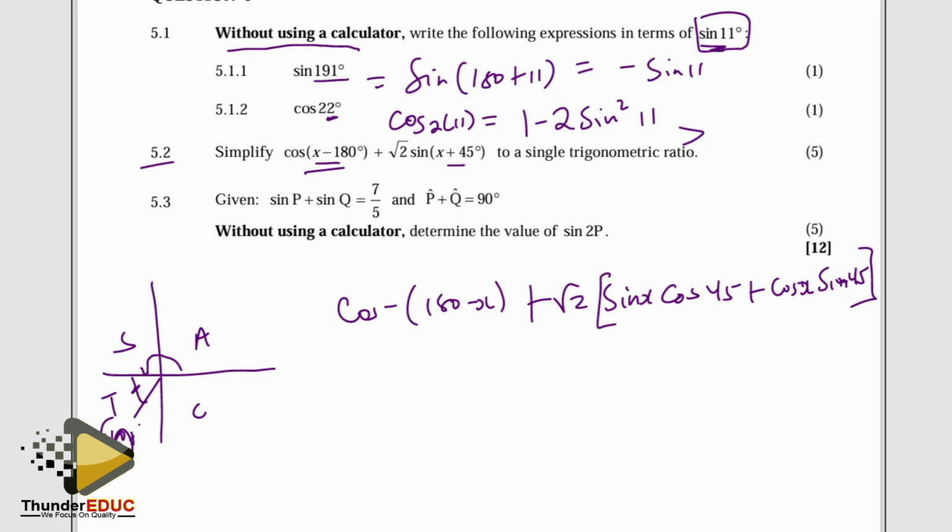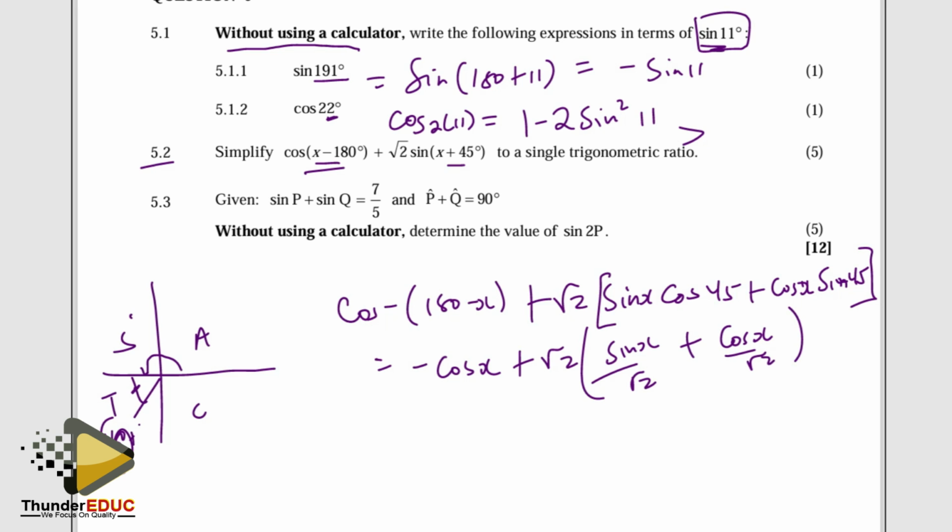So the cos of a negative angle is the same as the cos of positive, so I'm not going to stress with that. 180 minus x is in the second quadrant. So that's going to be negative cos x. Okay. Plus, I'll say root 2. This is going to be sine x over root 2 plus cos x over root 2.